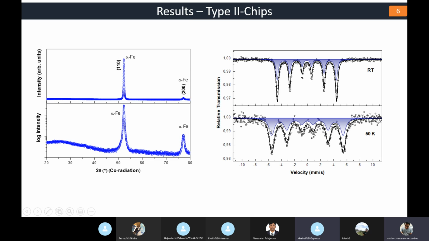At 50 Kelvin, we can observe variation in the hyperfine field and the width of the peaks, but it is still the alpha iron phase too.